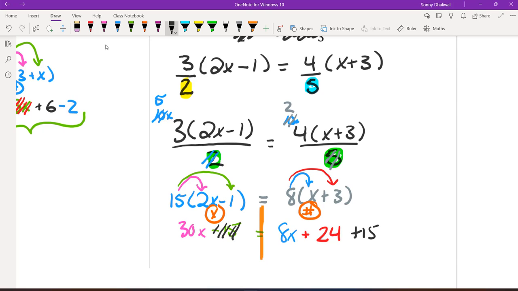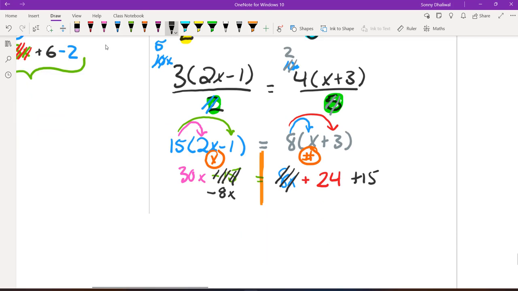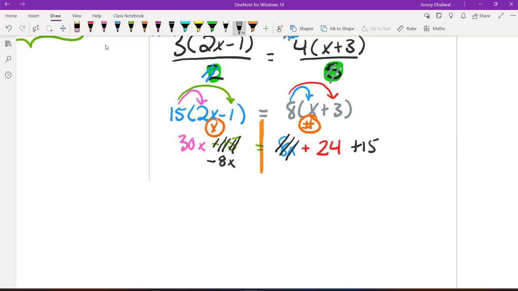Okay. Emma, is it 8x on the side you wanted to be on? No. Okay. Positive or negative on the other side? Negative. Yep. So minus 8x over here. I'm going to scratch this one out. Then we have 24. Emma, is it on the side? Yeah. Okay. So we've rearranged it. Now we solve. We combine these together. 30 minus 8 is 22x.